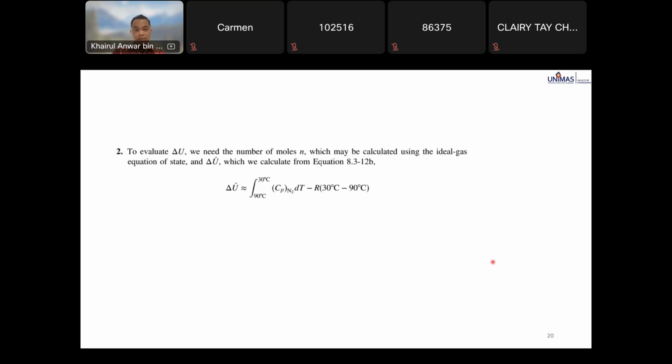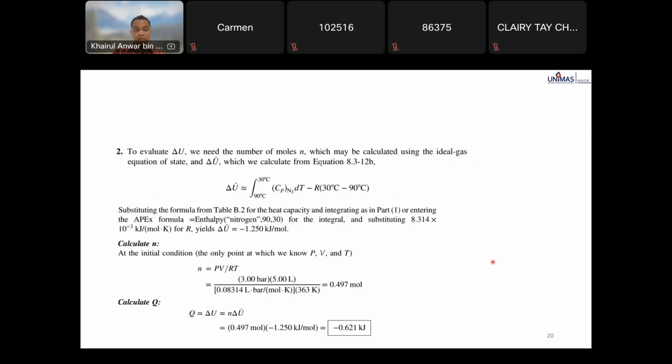Next is delta U. The second question, nitrogen. To evaluate delta U, we need the number of moles n, which may be calculated using the ideal gas equation of state, and delta U, which we calculate from equation 8.3-B. Since there is no Cv given, we need to approximate using Cp.